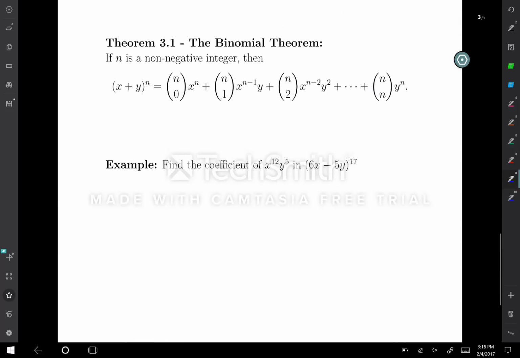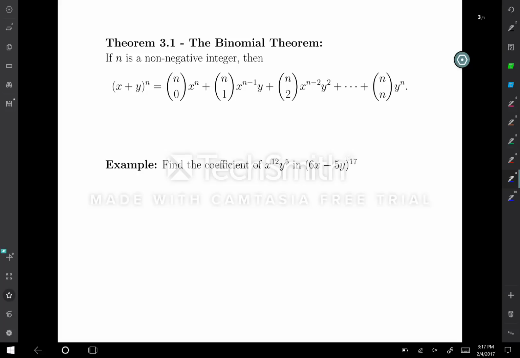So, as we noted, Pascal's triangle tells us the coefficients for any binomial that we want to expand. This is given in the general form as the binomial theorem. So for example, we might be interested in finding the coefficient of x to the 12th, y to the 5th, in (6x minus 5y) to the 17th.